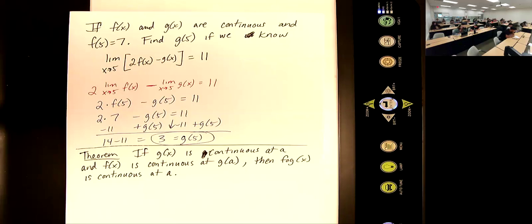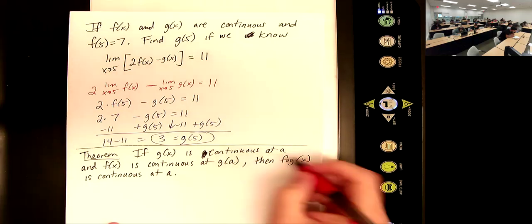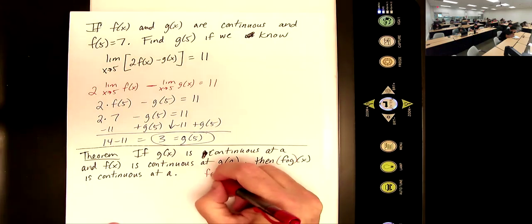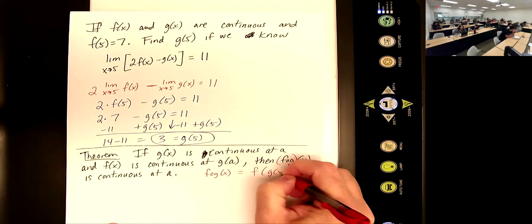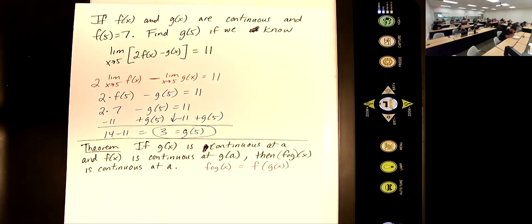And if it's been a while, remember that f of g of x means sticking one function inside the other. These are called composite functions.